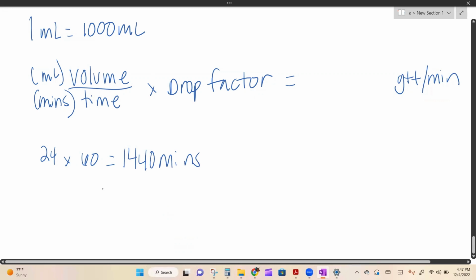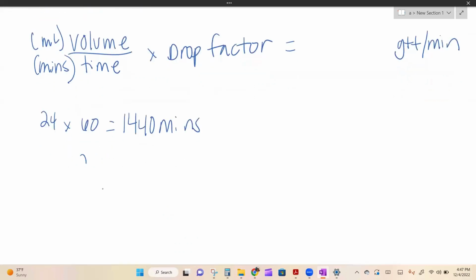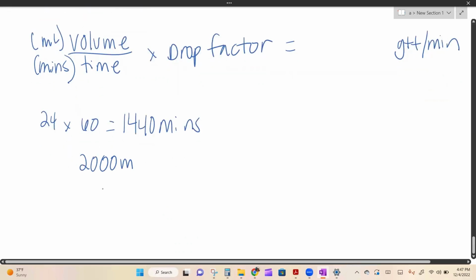So our volume, of course, was the 2,000 ml because 1 liter equals 1,000 ml, so 2 liters equals 2,000 ml. Our time is 1,440 minutes.